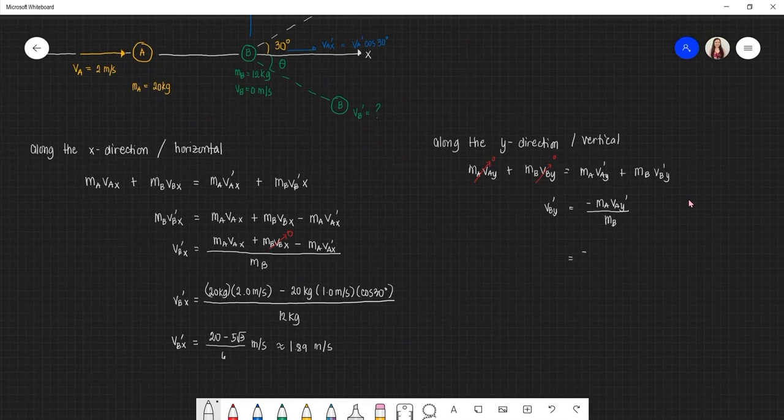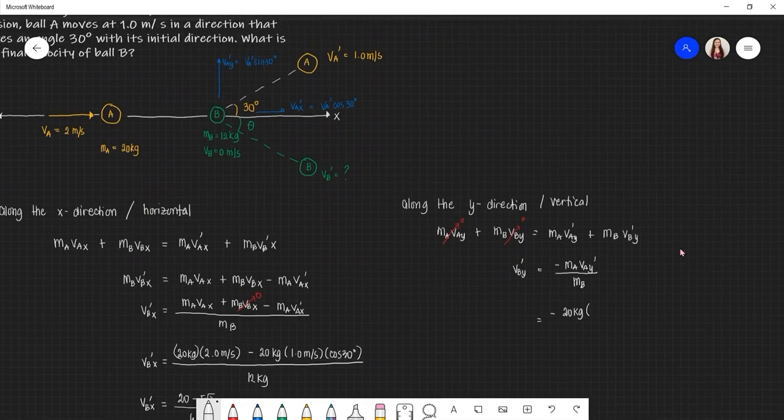So negative, the mass of ball A is 20 kilograms, and its y component is VA prime sine 30 degrees, where VA prime is 1 meter per second, divided by the mass of ball B, which is 12 kilograms.